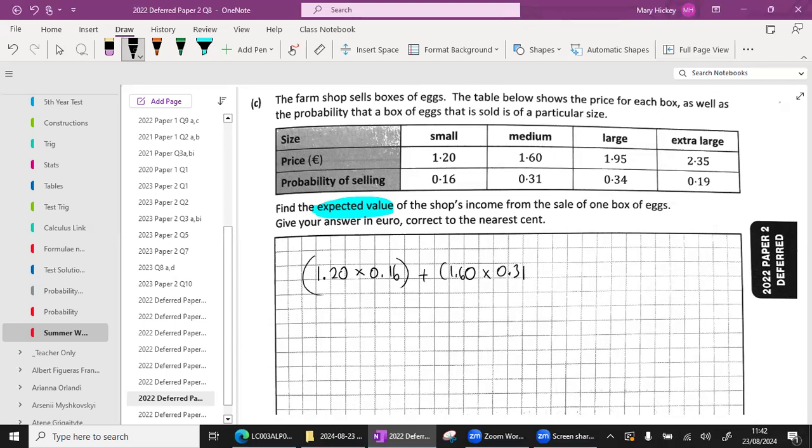So the probability is 0.1. Again, what you see, 2.35 multiplied by 0.19. Okay, so let's figure that out. So from here, I'm just typing into the calculator, each one, just putting it in as I see it there on my screen.